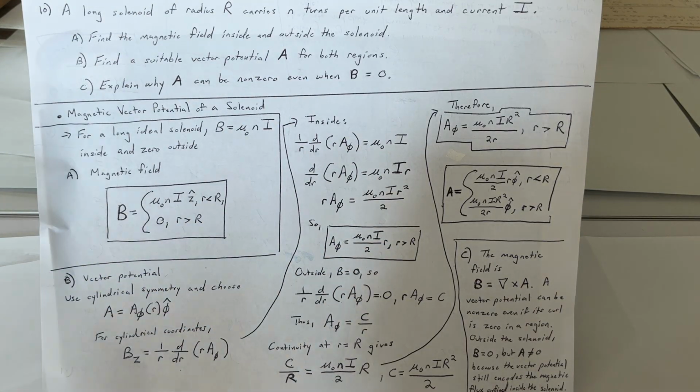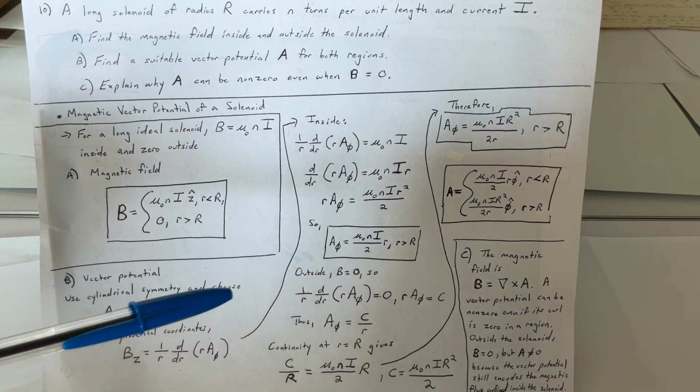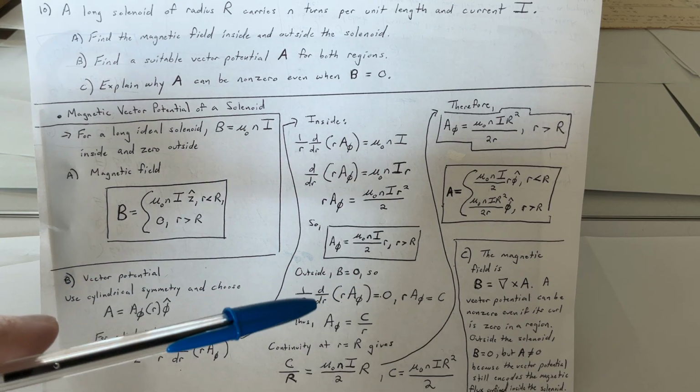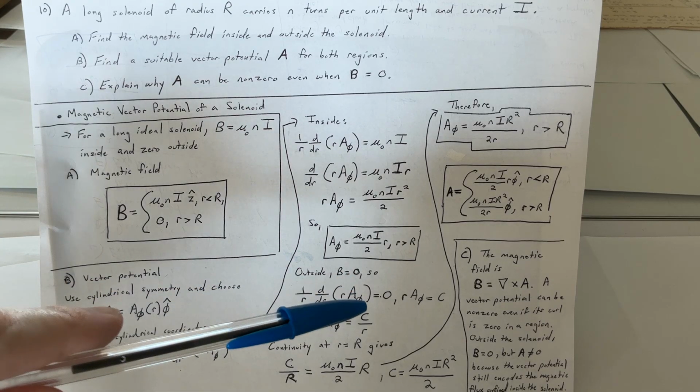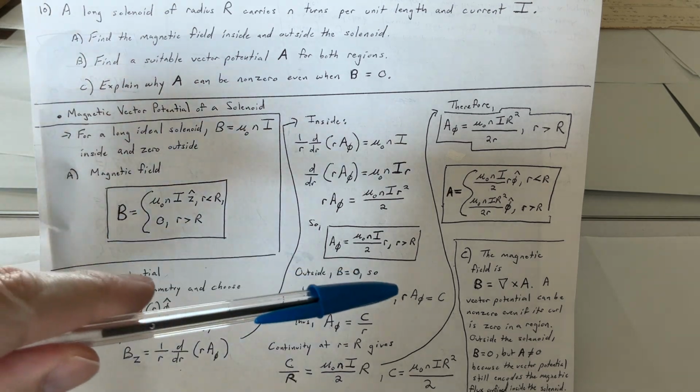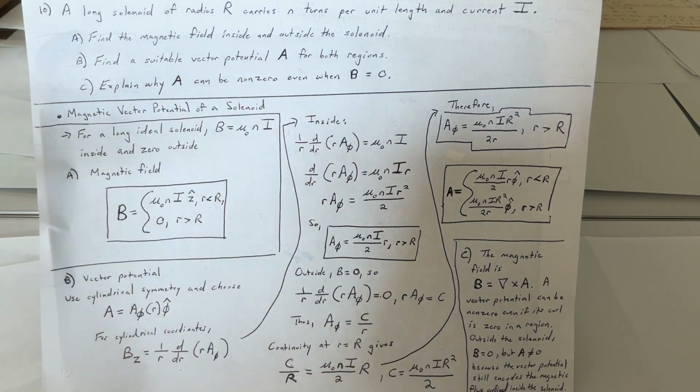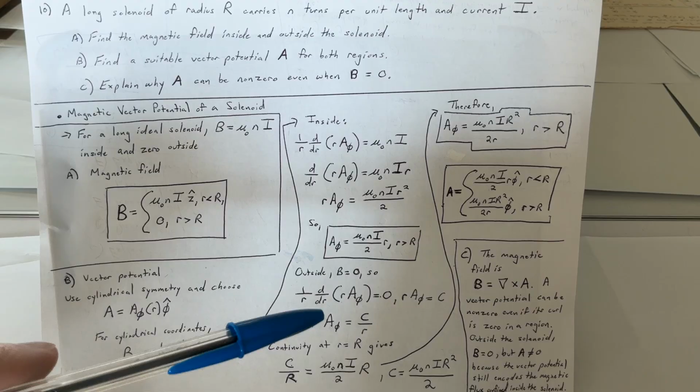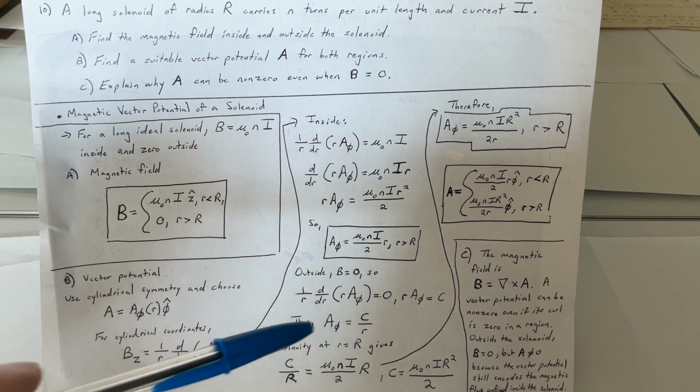Outside, where r is greater than capital R, B equals 0. So we have 1 over r d/dr of r A sub phi equals 0. r A sub phi equals C, so A sub phi equals C over r.